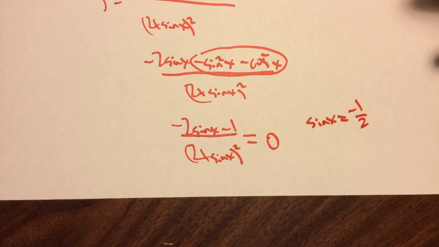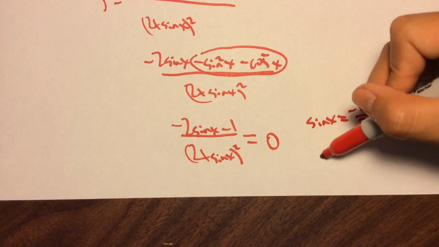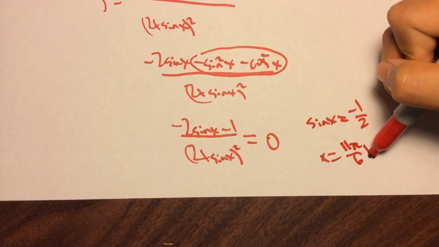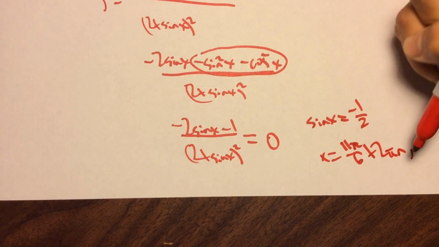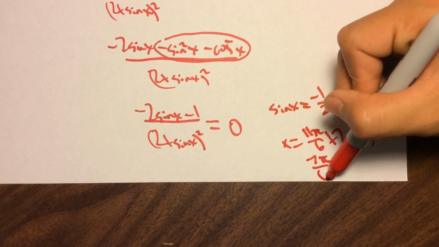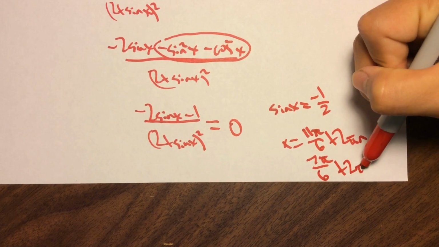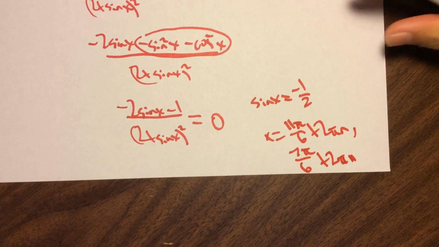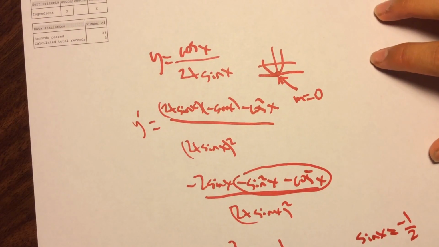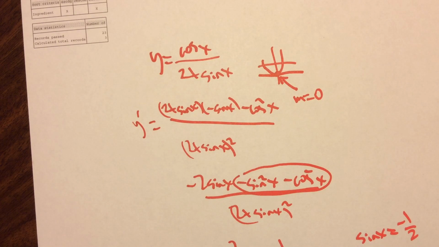And if we were to graph this, we would find that x equals 11 pi over 6 plus 2 pi n and 7 pi over 6 plus 2 pi n. And this is the x value, so we have to plug it back in to the original equation, which is y equals cosine x over 2 plus sine x, to find the y value.